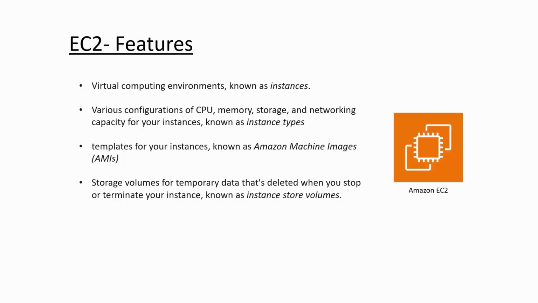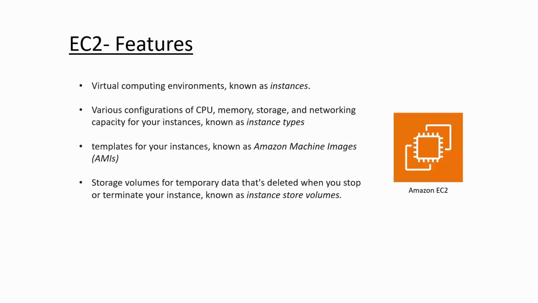That kind of storage volume, which gets lost as you terminate your instance, is known as the instance store volume. Just keep it in mind, instance store volume. Instantly it vanishes the moment you shut down or terminate.